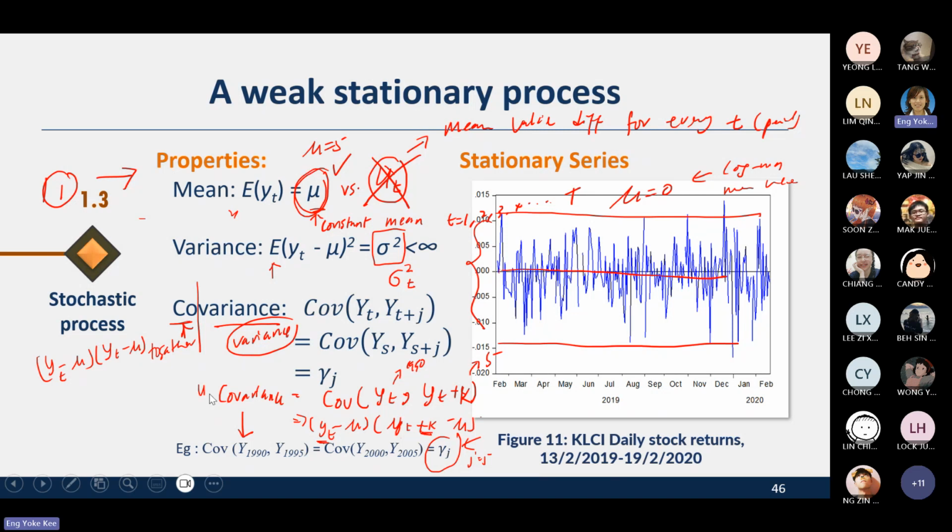So if there is a violation of this, what does it say? Non-constant variance, non-constant mean, non-constant covariance means it is not a weakly stationary process. Okay, so that is basically the concept.